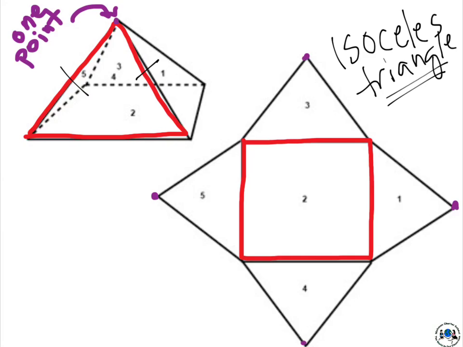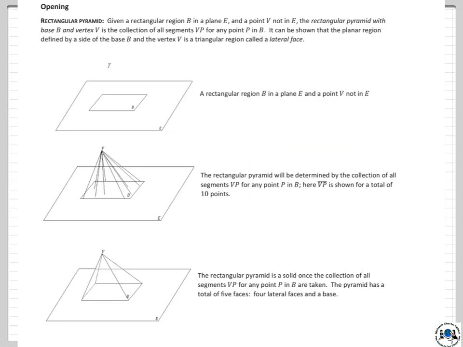If we move ahead here, we have a bit of a formal definition of a rectangular pyramid. It always starts off with statements like given a rectangular region, blah blah blah, which is formal and real and used, but a little bit more confusing than what we just did when you look at your prism yourself. But anyway, given a rectangular region B in a plane E, and that's right here.